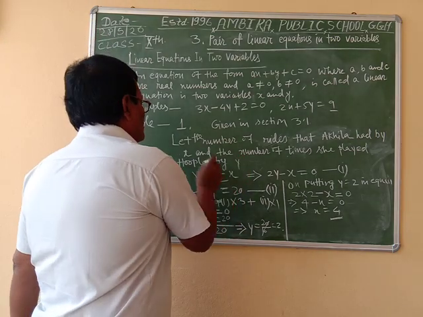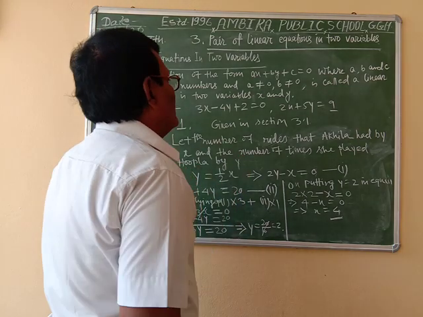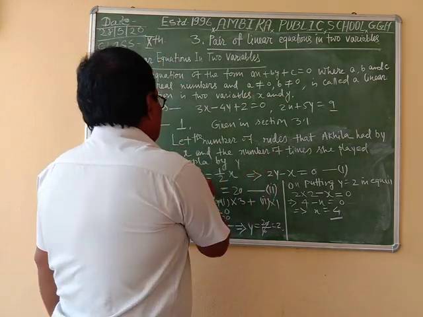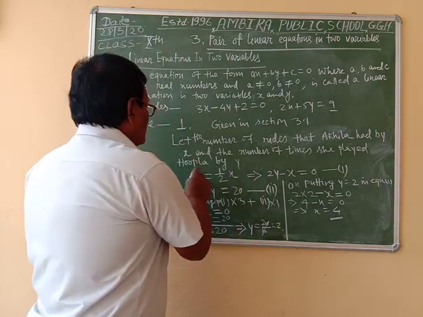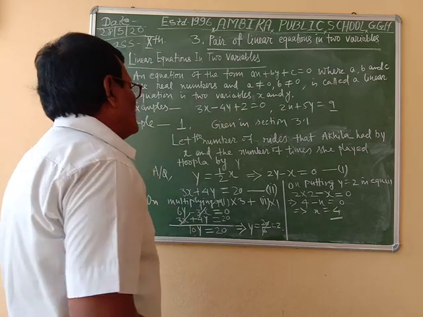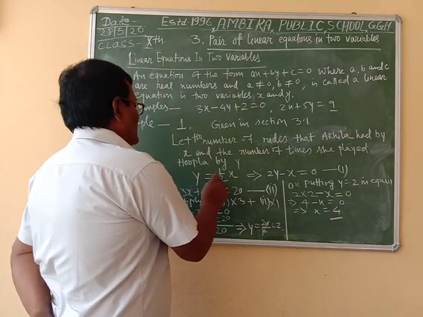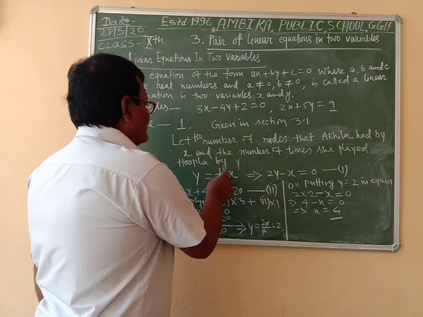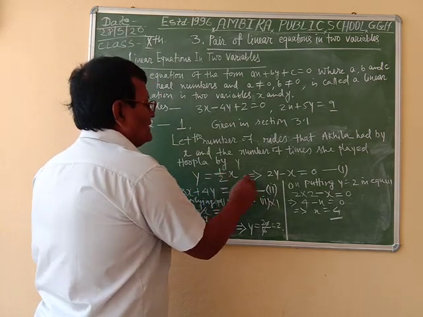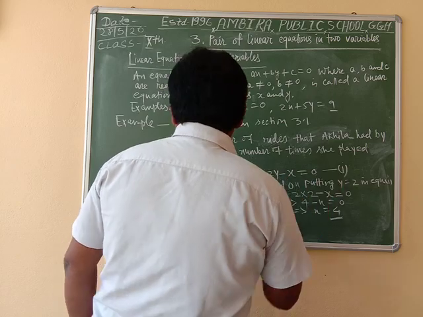Then according to the question, the number of times is equal to half the number of rides. So in the language of equations we can write y is equal to 1 by 2 x. By cross multiplication and transposition, 2y minus x is equal to 0.